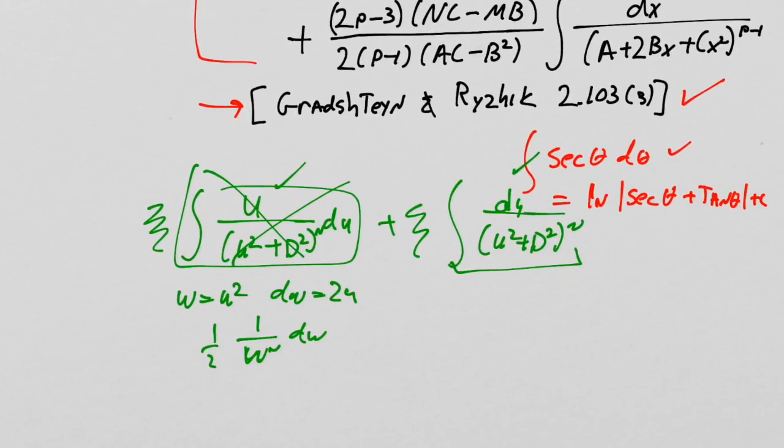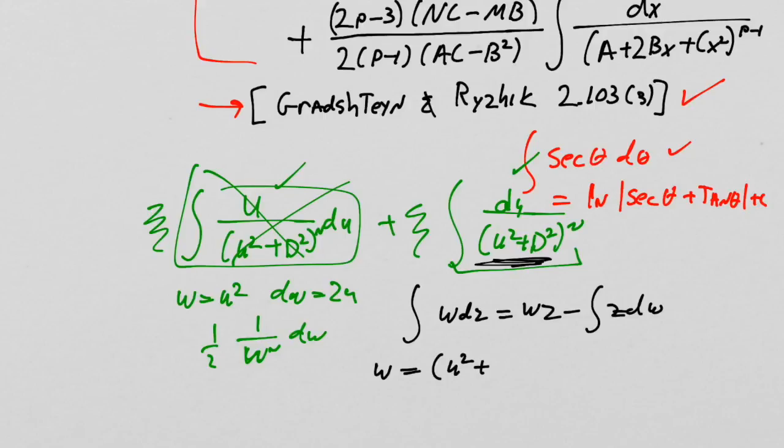If your model for the integration by parts goes like the integral of w dz equals wz minus the integral of z dw, then after you do the conversion to u, you take w equals u squared plus d squared to the minus n power, and then dw you would take to be minus n times u squared plus d squared to the minus n minus 1, right?